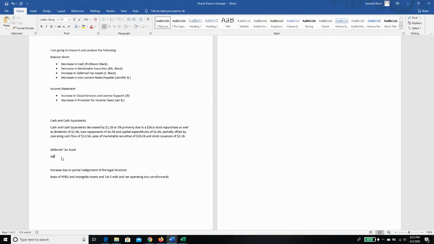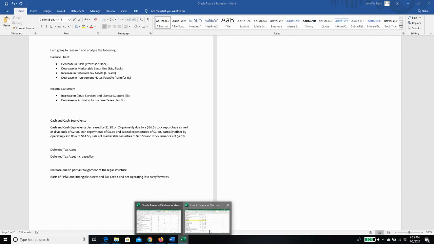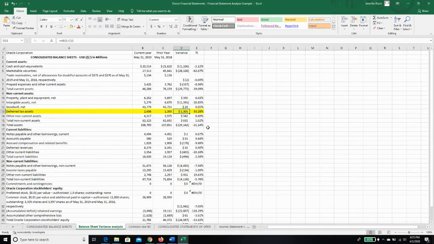So deferred tax asset increased by, let me remind ourselves what it increased by, 1.3 billion and 93%.